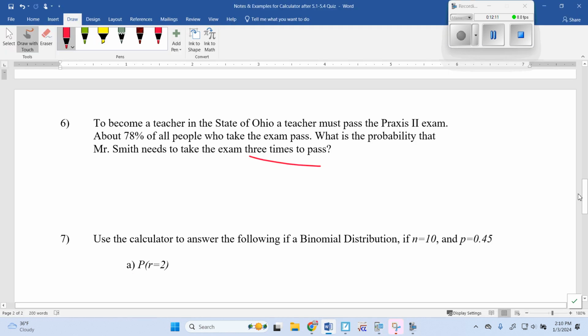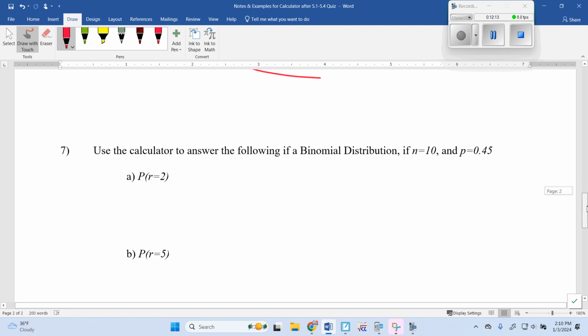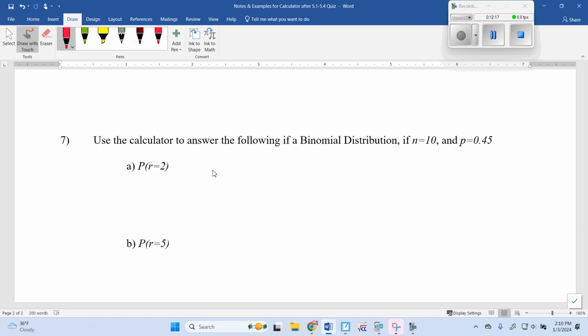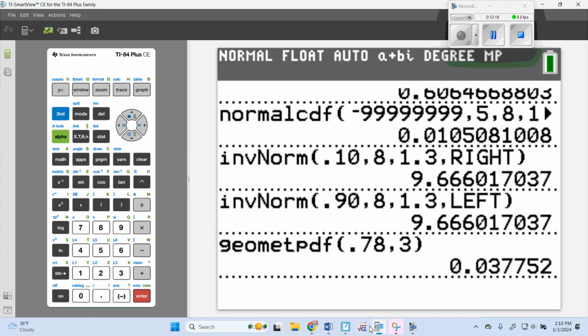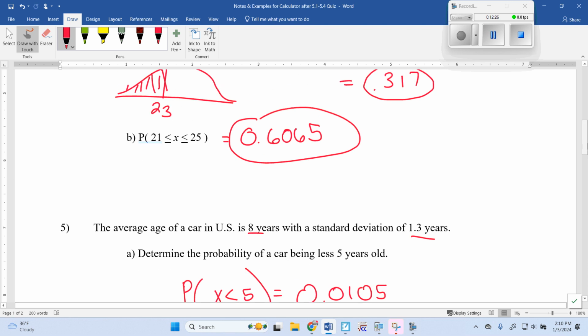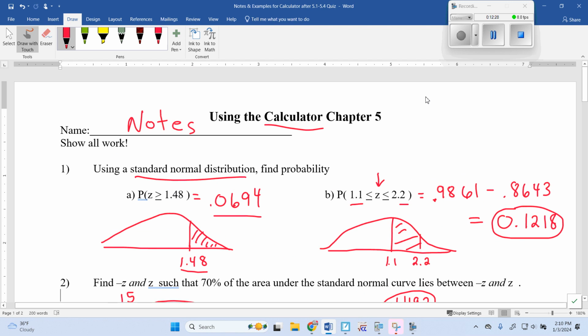And then also, we'll put some binomial. We will come back and be using binomial again. So just to refresh your memory, where you have your n, your p, and your r or your x when you're doing binomial. All right, you are now able to do the homework, which is really no new problems. We're just understanding how to do these problems by using the calculator.